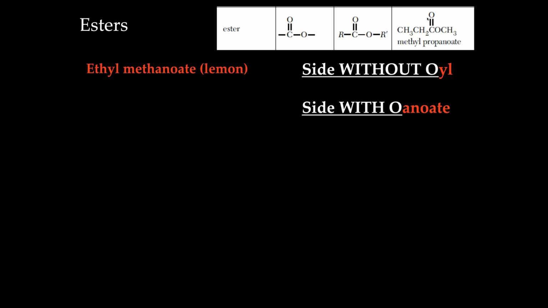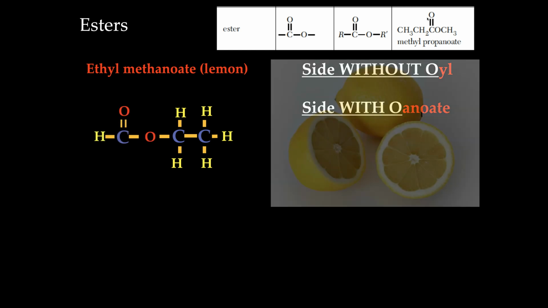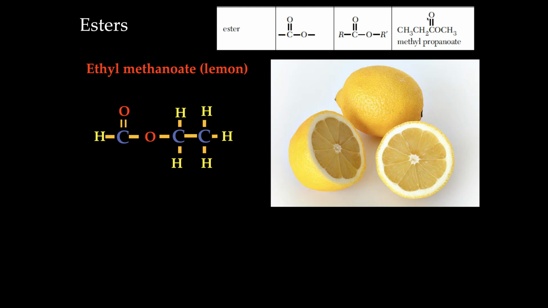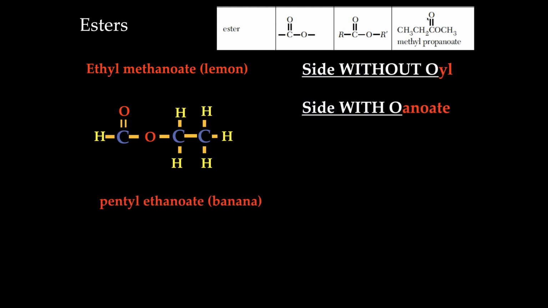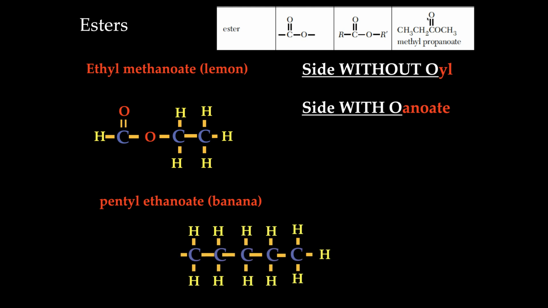So ethyl methanoate is made from ethanol and methanoic acid, is artificial lemon flavored. This is the ethyl part of it, and this is the methanoate part of it. Pentyl ethanoate is artificial banana. It's made from pentanol and ethanoic acid. This is the pentyl part.